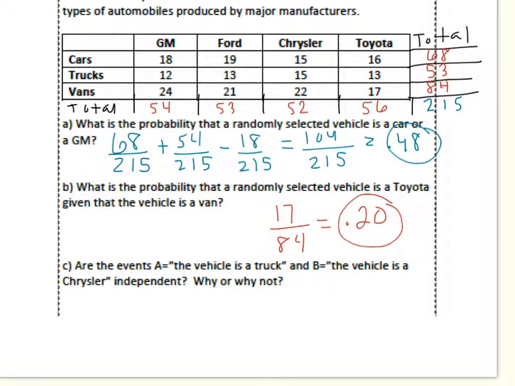This next question is a little bit tricky. It says, are the events, the vehicle is a truck, and the vehicle is a Chrysler, independent? So we want the probability of A and B, and we want to know if they are independent.